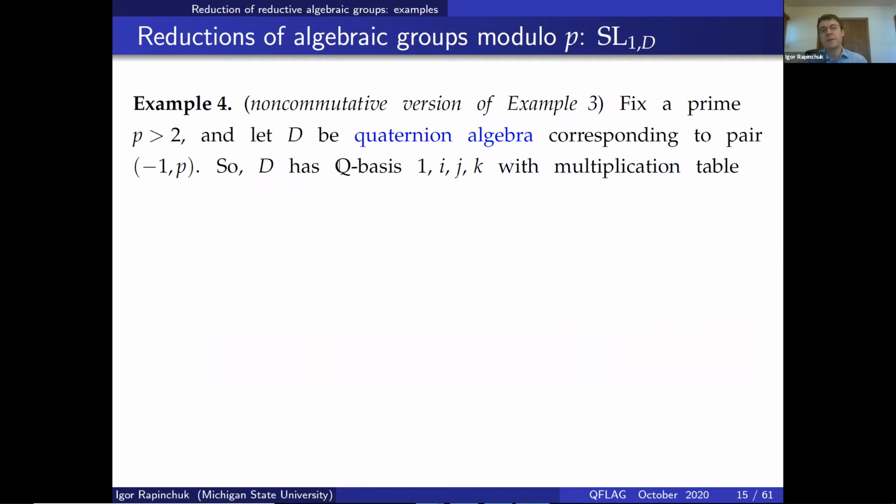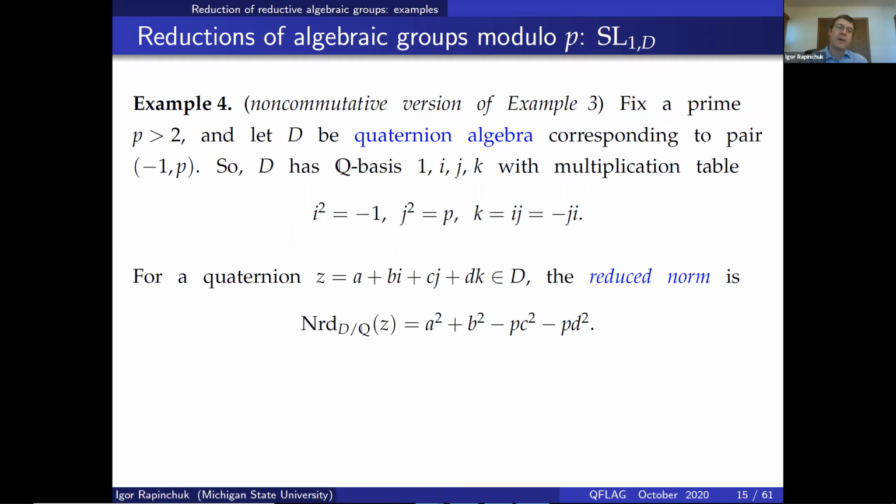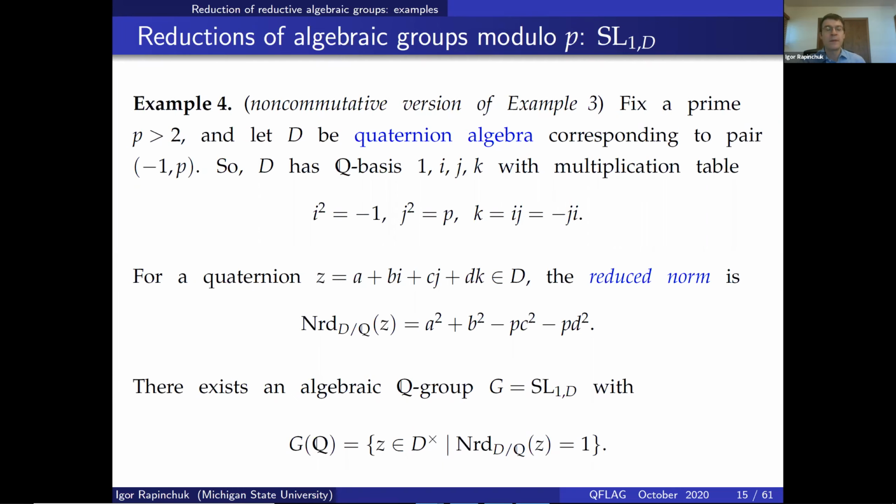So recall that explicitly this means that this is the Q-algebra with basis 1, i, j, and k, with multiplication described by the standard rules. Now again, we have a norm map from D down to Q, which in this context is usually referred to as a reduced norm. And then we have the corresponding algebraic group, usually denoted SL1(D), whose group of Q-points consists precisely of the quaternions of reduced norm 1.